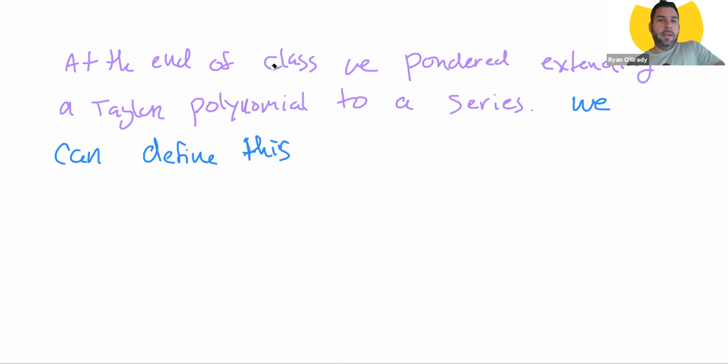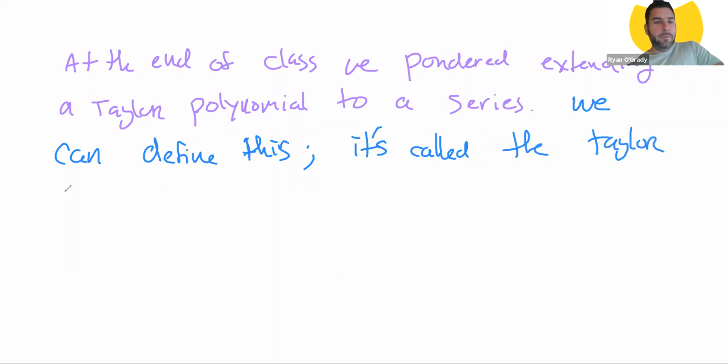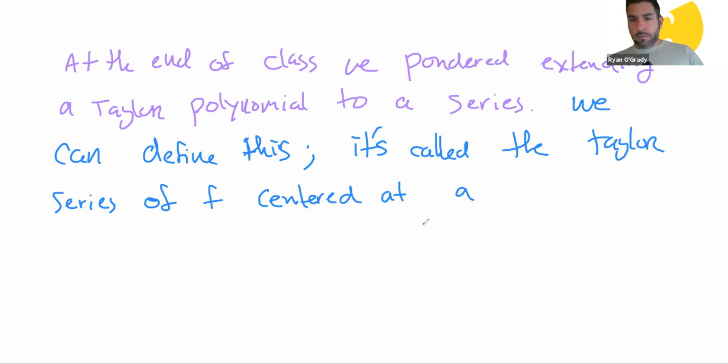So we can define this, and creatively enough, it is called the Taylor series of f centered at a. So again, this is going to look very frightening, but here we go.